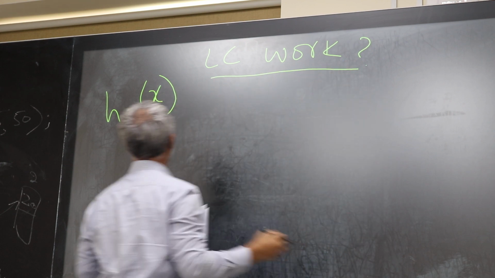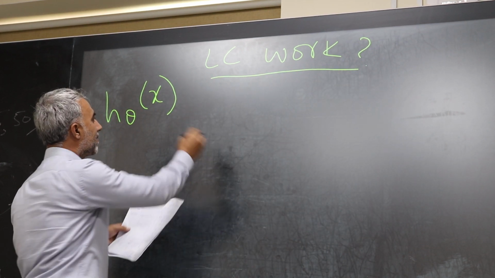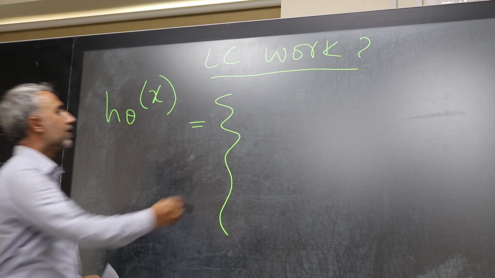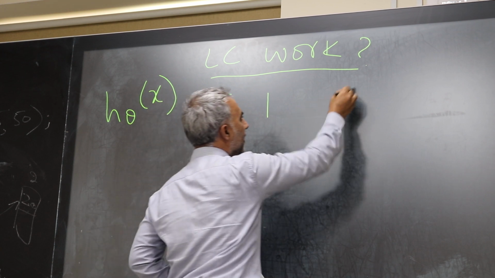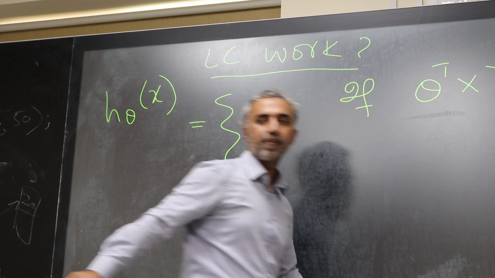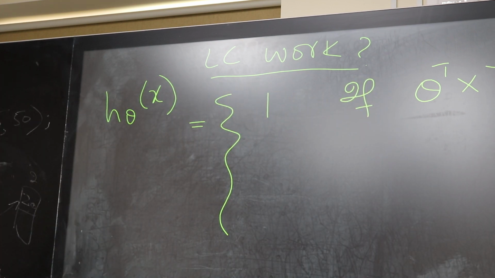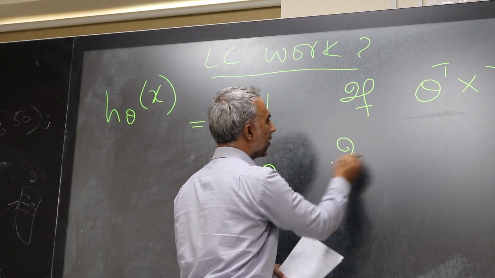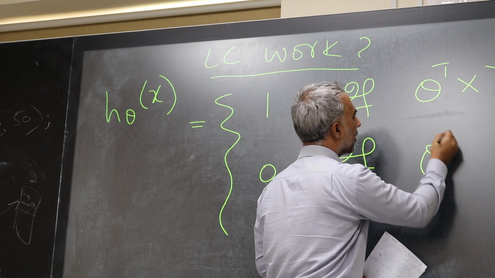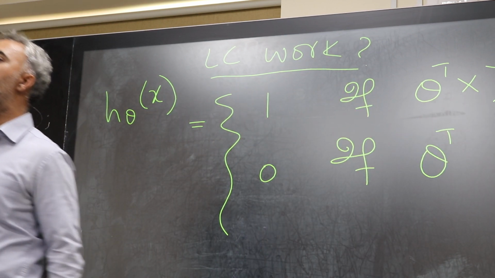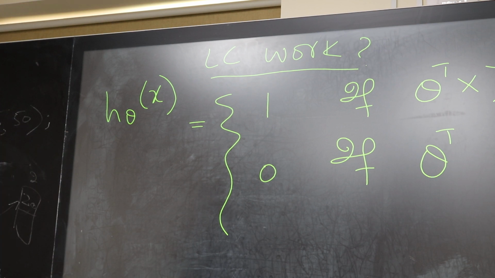Remember, very important thing, there are two possibilities. One, if greater than 0, and if less than 0. Sometimes, if you are considering only a binary pattern, some systems say 1 if greater than or equal to 0.